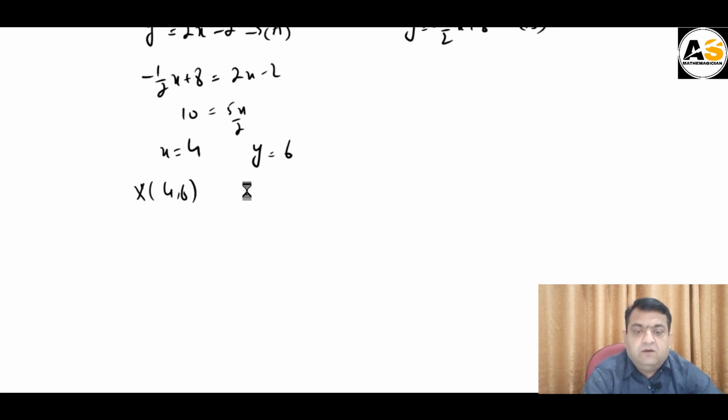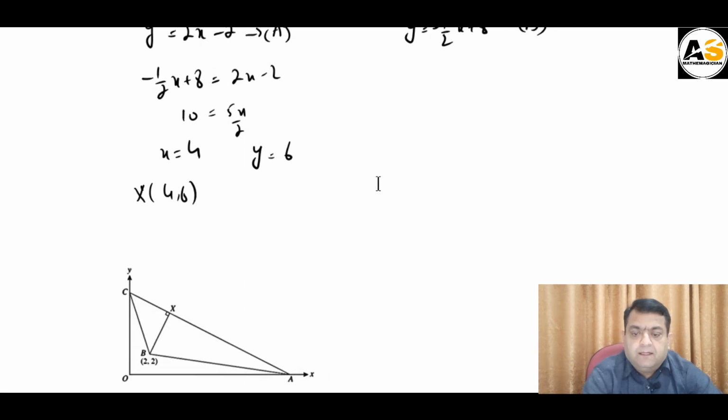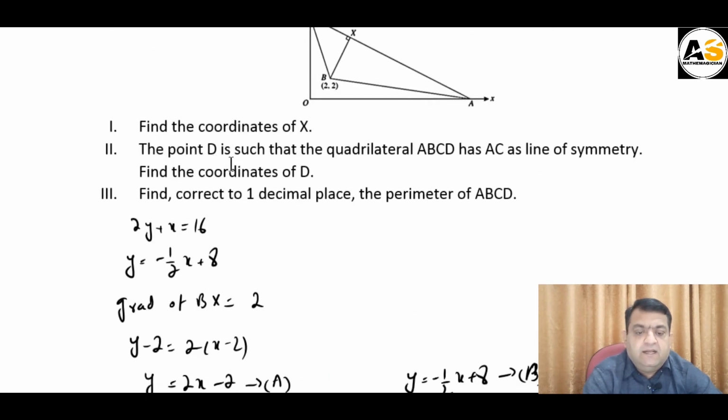We have calculated the coordinates of X, and now in the second part we are given that point D is such that quadrilateral ABCD has AC as line of symmetry.